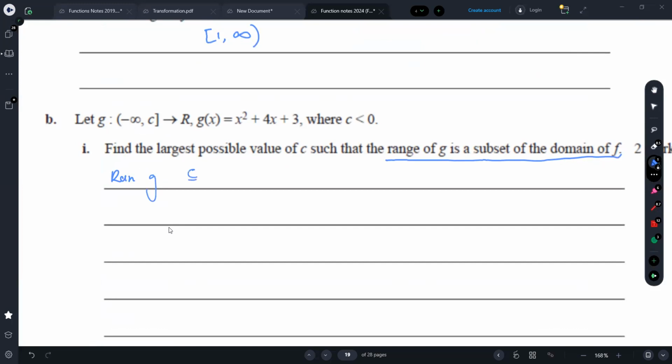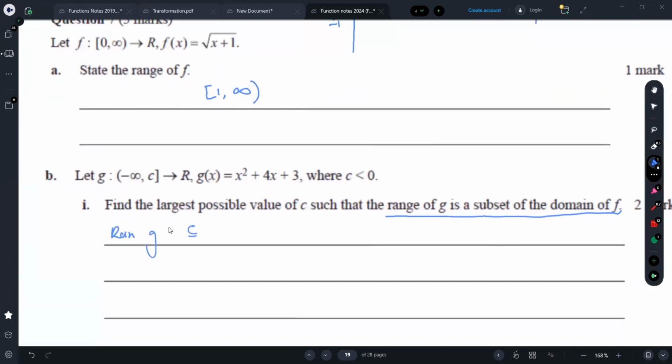It's a subset of this thing. It's a subset of 0 to infinity. So in other words, this thing has to be contained within that set, right? In other words, whatever y value comes out of the G graph has to be greater or equal to 0.